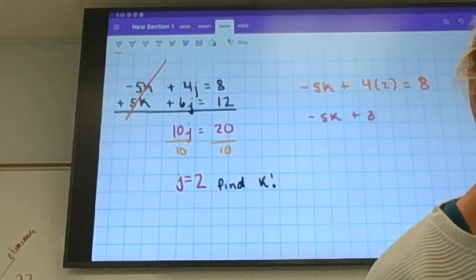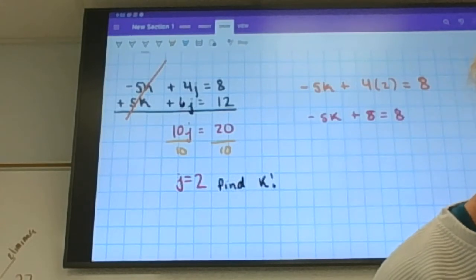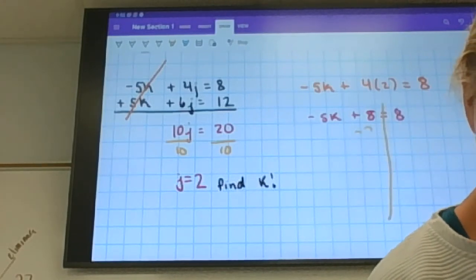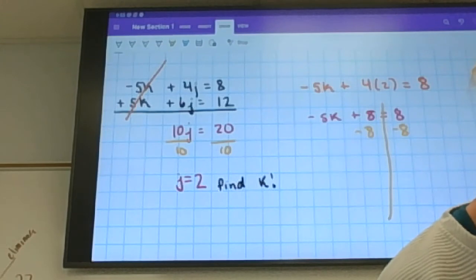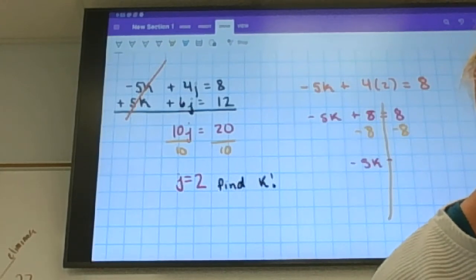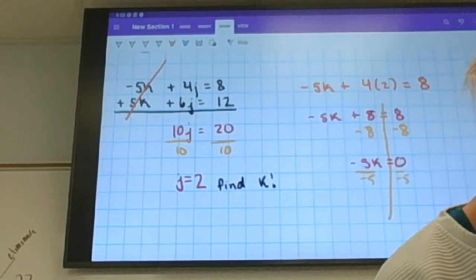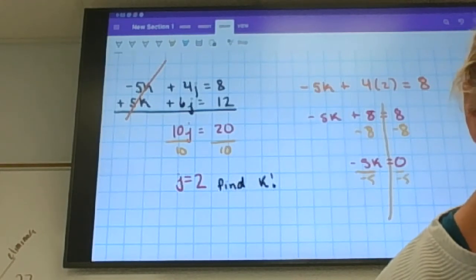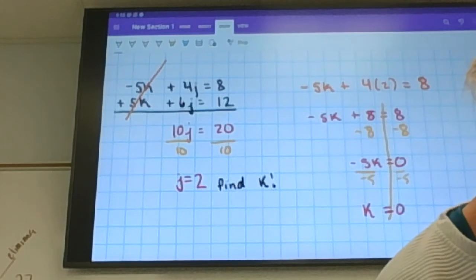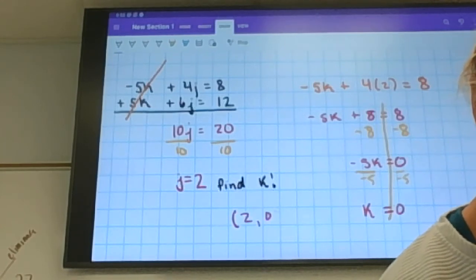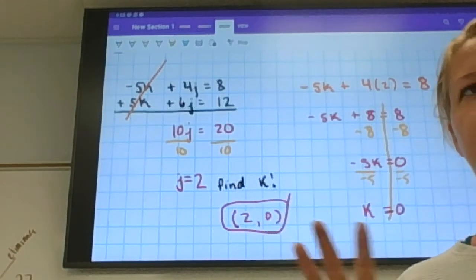Negative 5K plus 8 equals 8. Minus the 8 on both sides. Negative 5K equals 0. Divide by negative 5. 0 can be divided. K equals 0. So our answer is 2, 0. So both of the variables together.